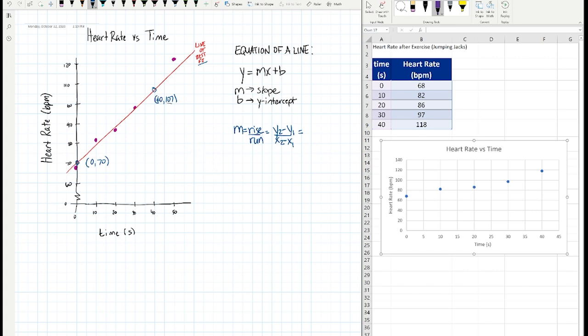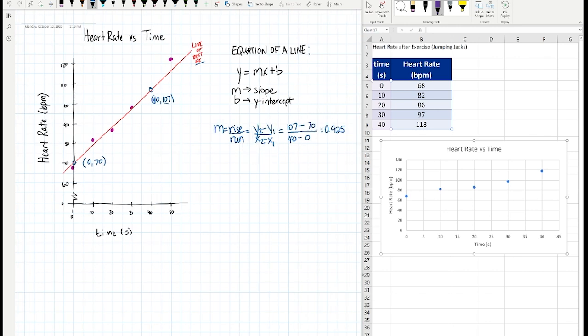You might have said this is 40, 106. So your slope and your intercept are going to be different values from what I get. So for y2 we have 107 minus y1, which is 70, and for x2 we have 40 minus 0. So when I calculate that slope, I get 0.925.